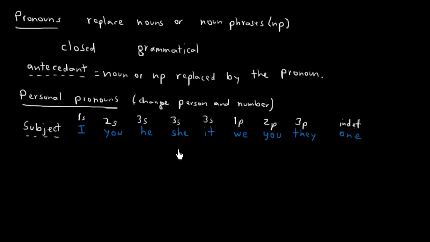The indefinite can be used in a sentence to replace any of the singular pronouns. So I run, you run, he runs, she runs, it runs, we run, you run, one runs.